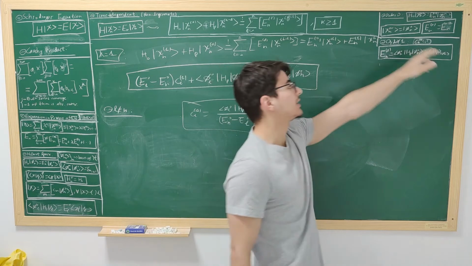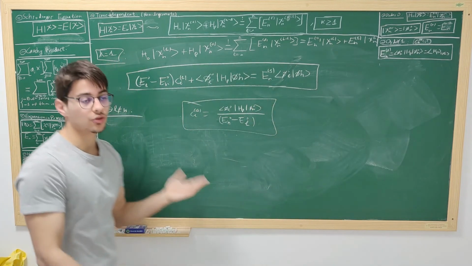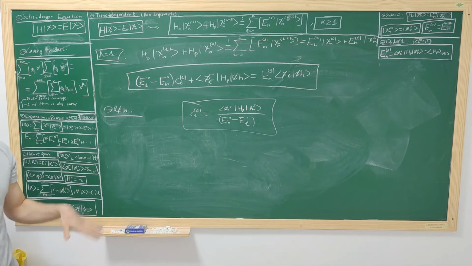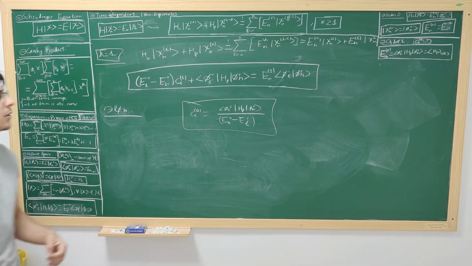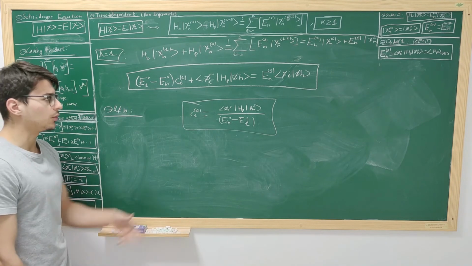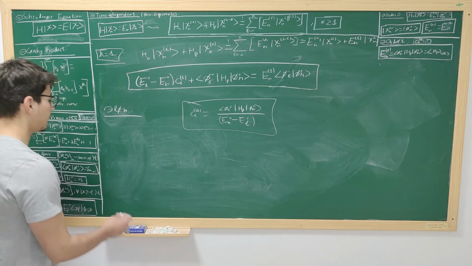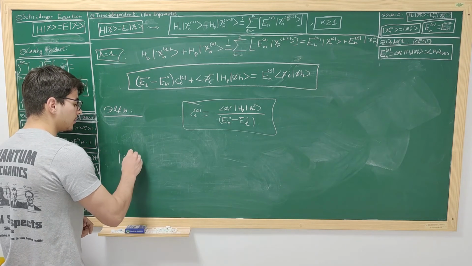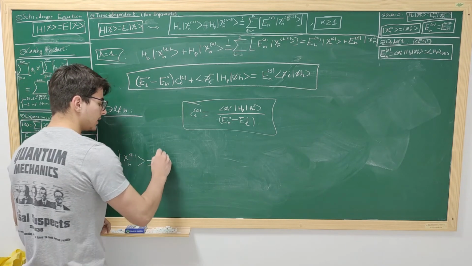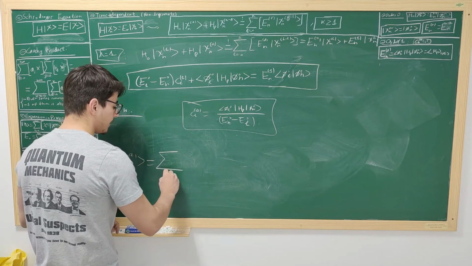That's why I wrote here Cn equals a question mark, because we will not be able to determine it now. It depends on the normalization that we choose, but we'll see how we get that. So what this means is that the first order correction is the sum over all m.